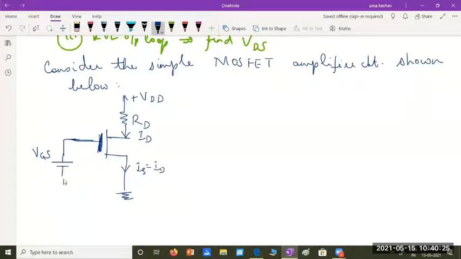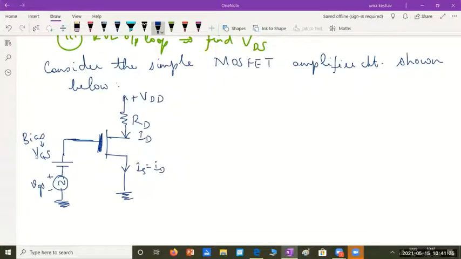And for the amplifier, I have to superimpose the AC signal on the DC signal. So this DC VGS voltage is the bias voltage. This is for bias. We have considered one very simple arrangement, but when we actually use it, we'll be talking of other arrangements.